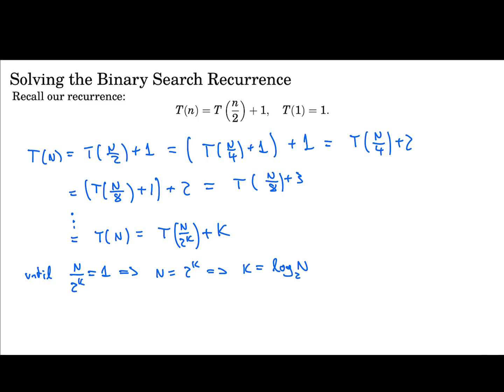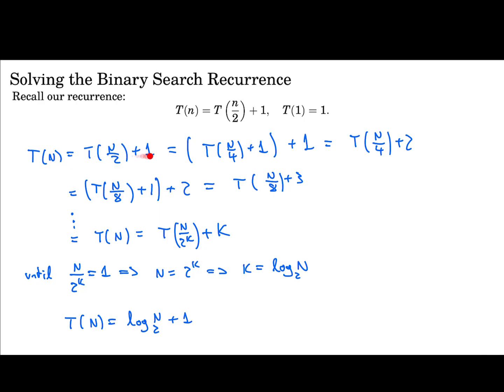And now if you replace this here, you get the solution that t of n is equal to log n base 2 plus 1, right? Let's see this again.